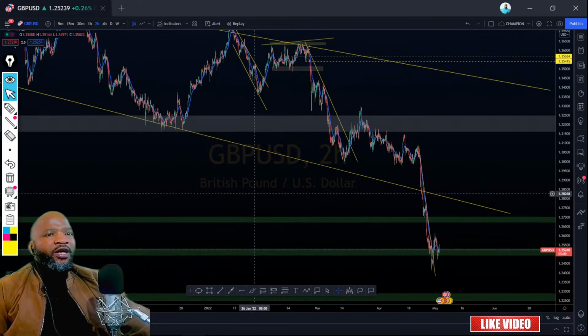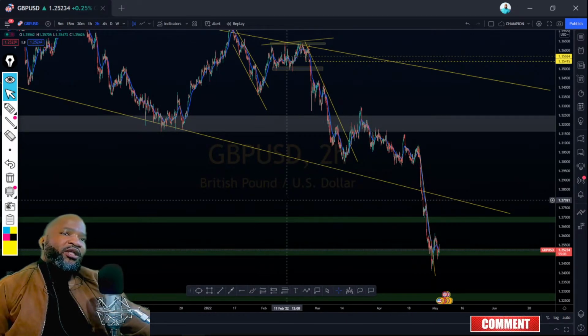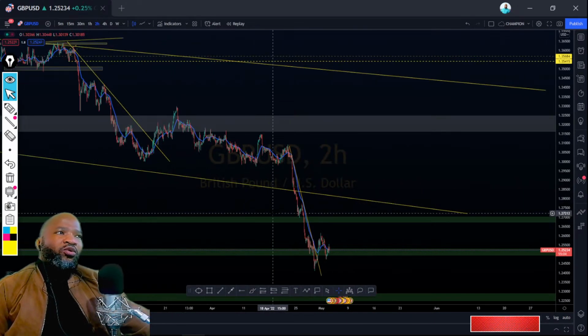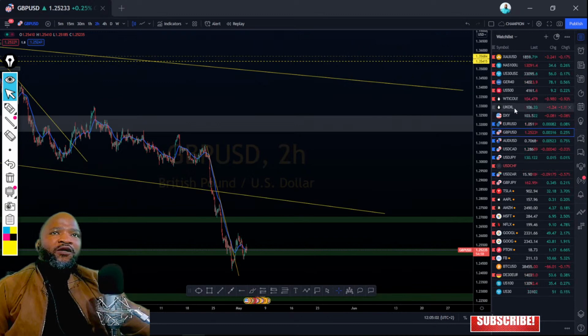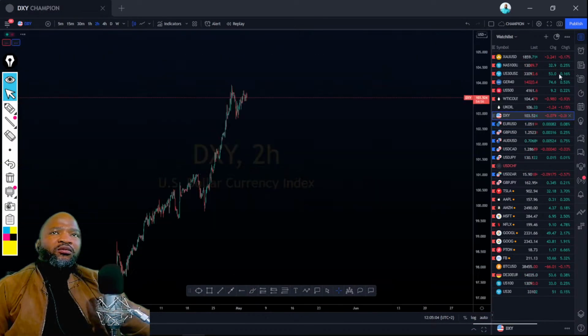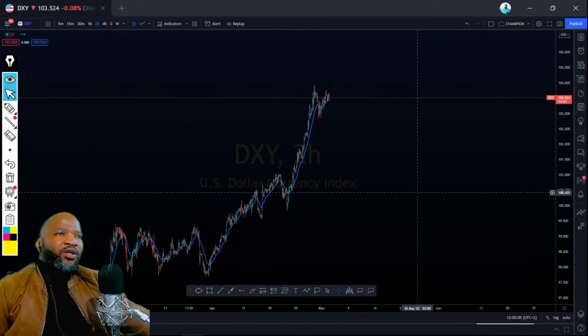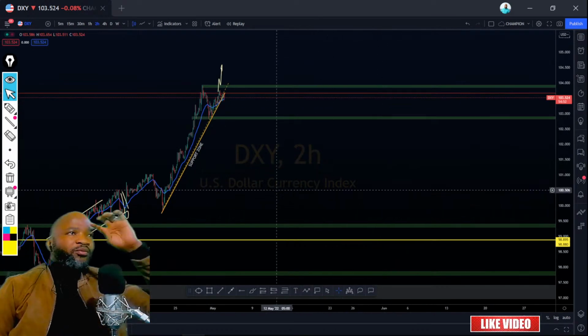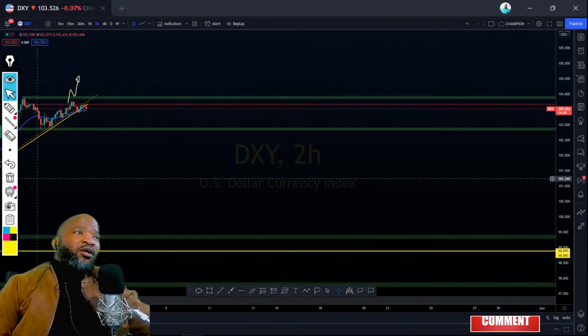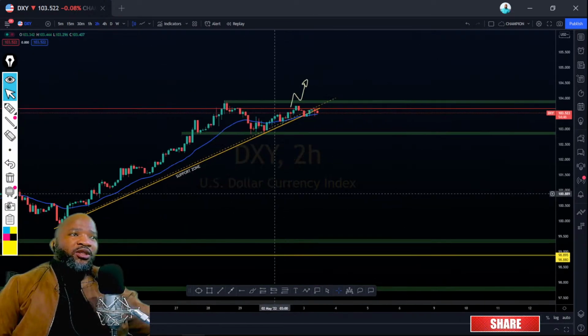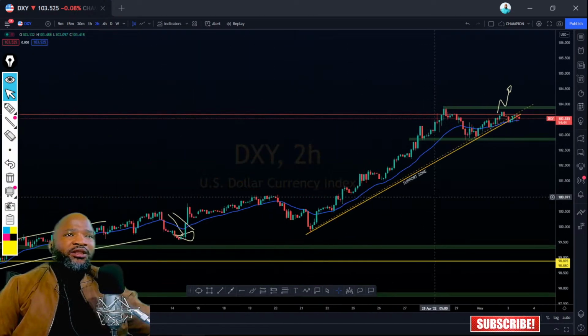You will find that when the price is bearish like this, your DXY is bullish. Let's go to DXY. This is what I was talking about. Look how bullish it is. Look how bullish our DXY US index is.